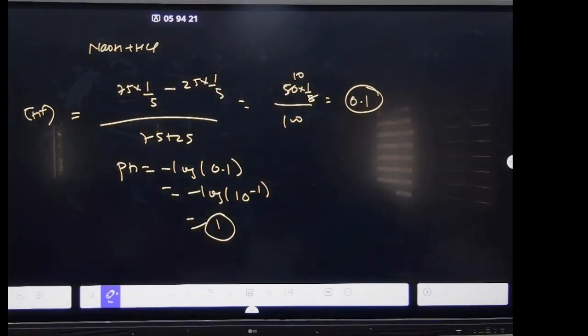Question number 17. They have given the solubility in gram per liter, right?